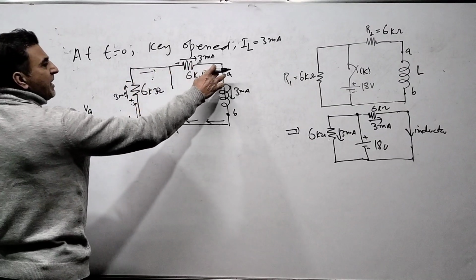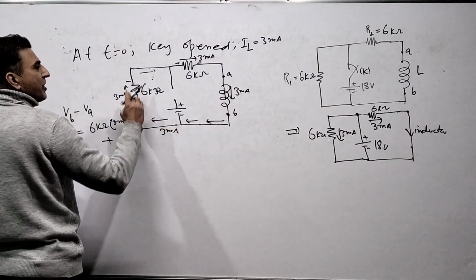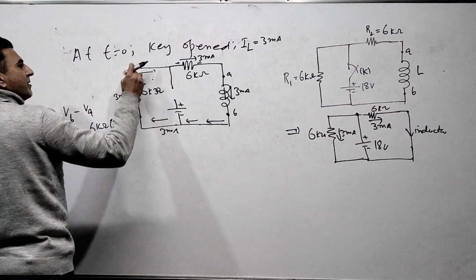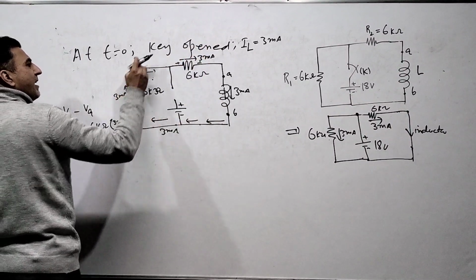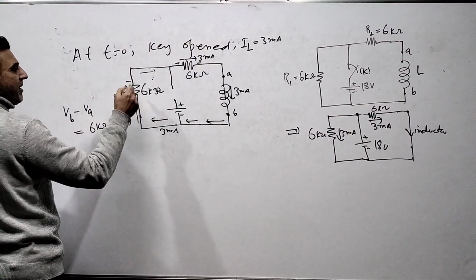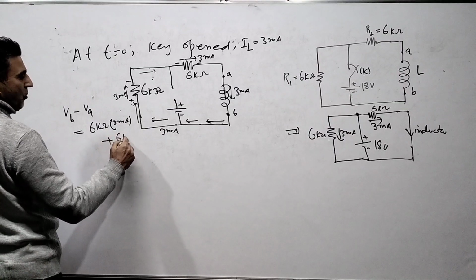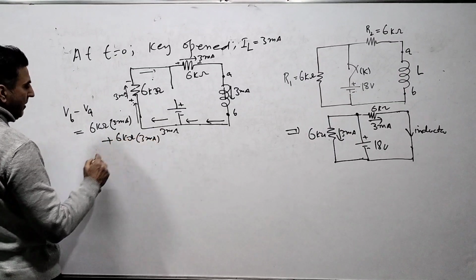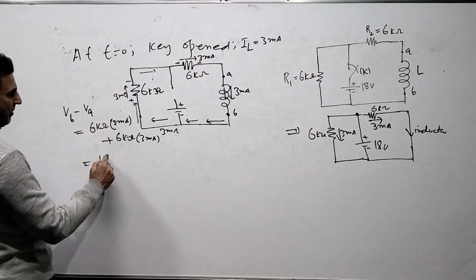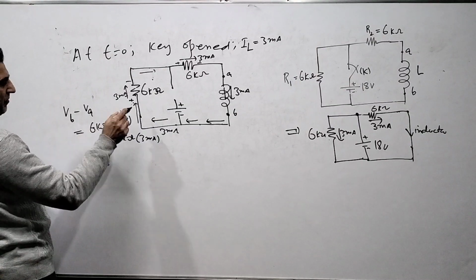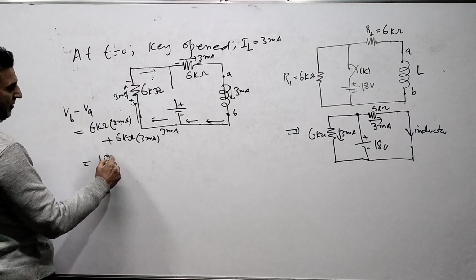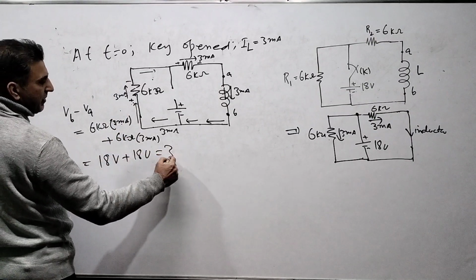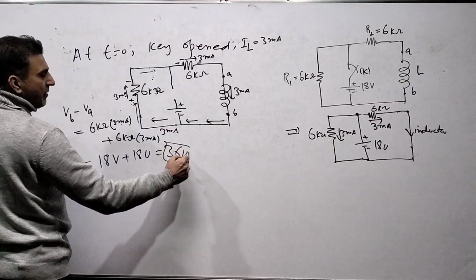Potential difference between the 2 points is the sum of the voltage drops. From when you go from B to A, sum the drops. Drops को जो भी drop आएगा आगे उसको sum कर दो. ये है एक drop, ये दूसरा drop, that is 6 kilo ohm into 3 milliamperes. This is 18 volt, because milli and kilo cancel off, so 18 volt plus 18 volt, that is 36 volts.